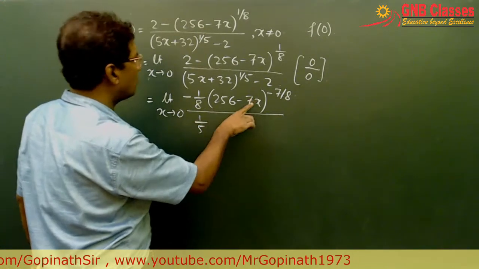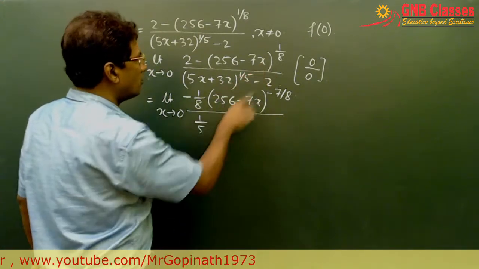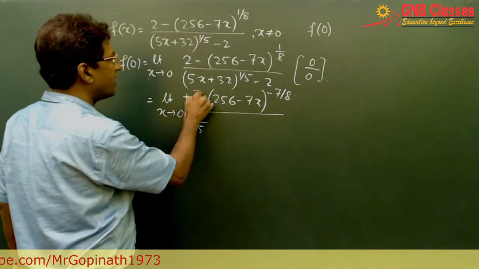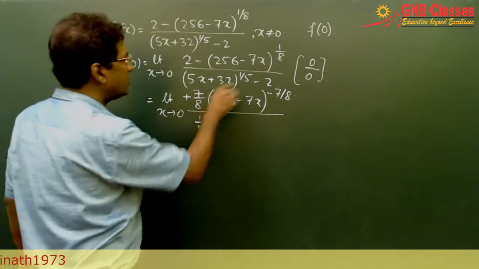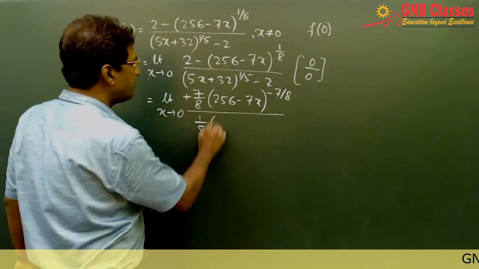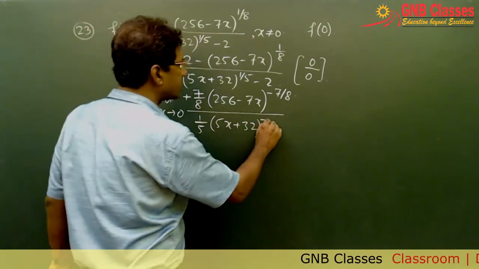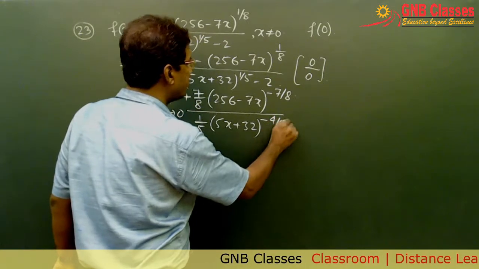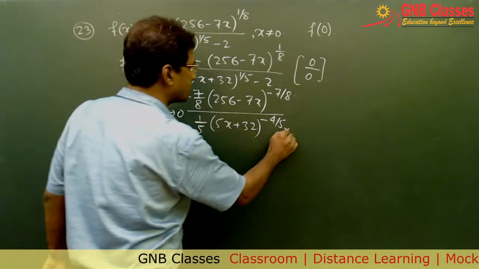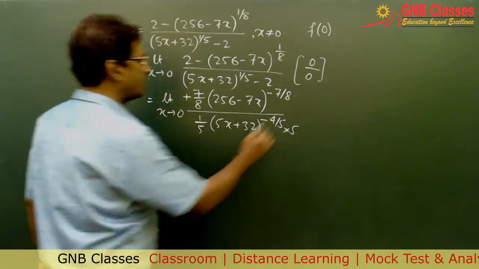Oh, I'm sorry, one more thing: the derivative of minus 7x will give you plus 7 over here, isn't it? Now, in the denominator, what are we getting? 1/5 times (5x plus 32) to the power minus 4/5, and again 5 will come outside, right? So we are getting basically what?